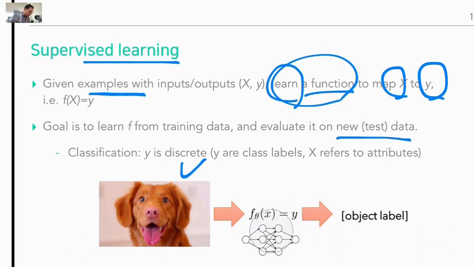And to do that, we need to have some score on the edge. So this is called the parameter.